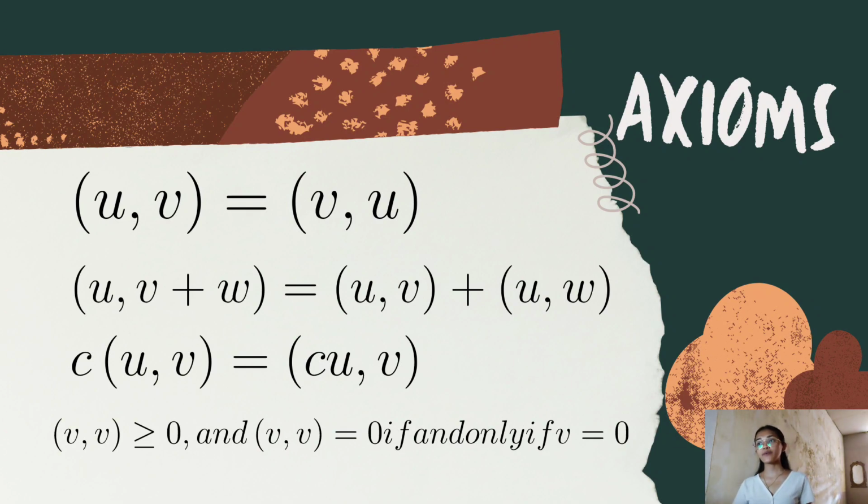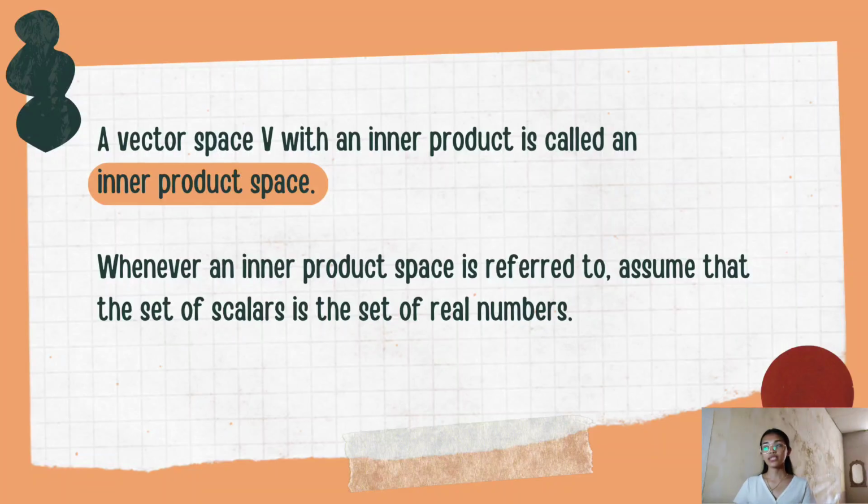And then kapag ang inner product is equal to 0, ibig sabihin lang nun that vector itself is equal to 0. And then that's all the four axioms. And then we can say that a vector space V with an inner product is called an inner product space. Whenever an inner product space is referred to, assume that the set of scalars is the set of real numbers.